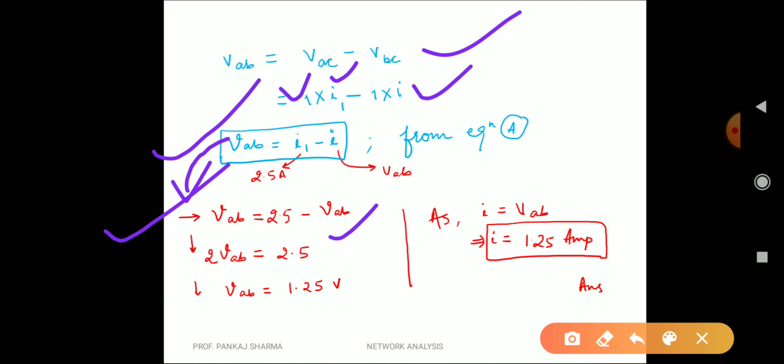Bring VAB to the other side of the equal to sign, so it will be 2 VAB is equal to 2.5, that is VAB is equal to 2.5 divided by 2, that is 1.25 volt. As we know, current I is equal to VAB, so current I is equal to 1.25 ampere, which is your answer.